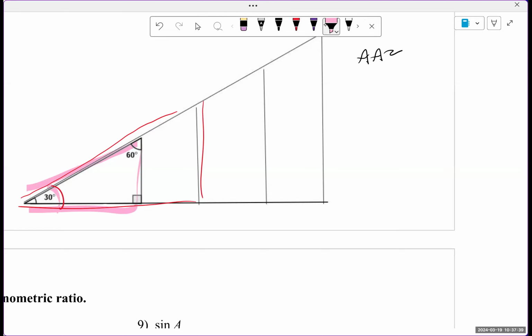We know this is a right angle, and they both have one angle that's 30 and another angle that's 90. By angle similarity, we know that the triangles are similar. And if the triangles are similar, corresponding sides are in proportion.